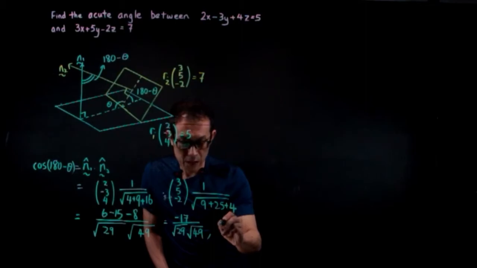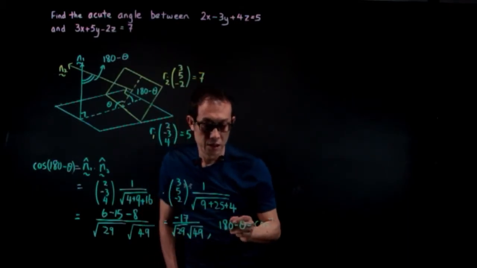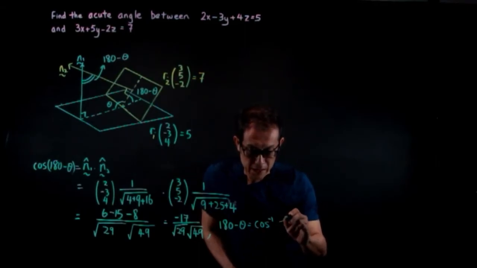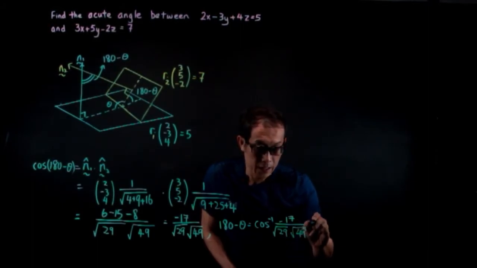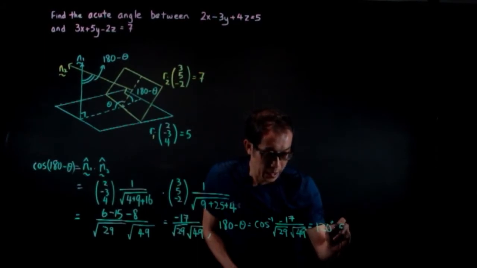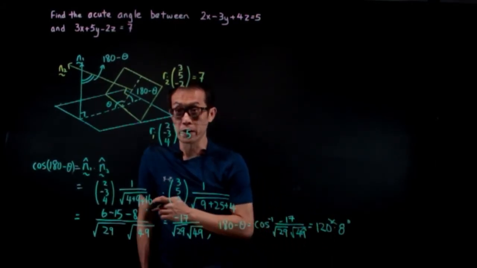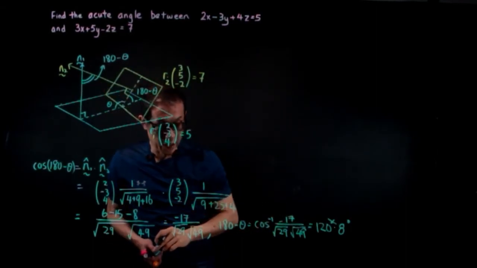So 180 minus theta equals cos inverse of minus 17 over the square root of 29 times the square root of 49. If I use a calculator, I will get 120.8 degrees, for this angle over here.